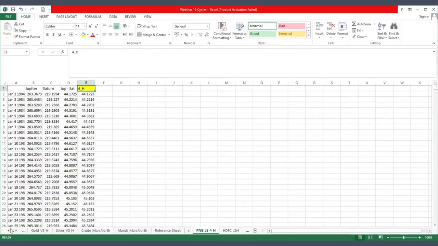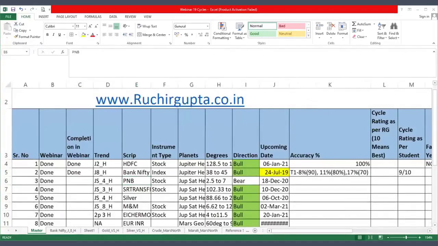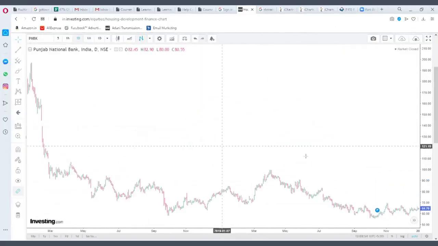Now what we are going to do is we will go to this stock and we will change it to Punjab National Bank. Okay, so now we are on this stock, Punjab National Bank.